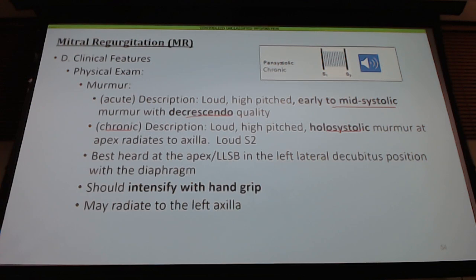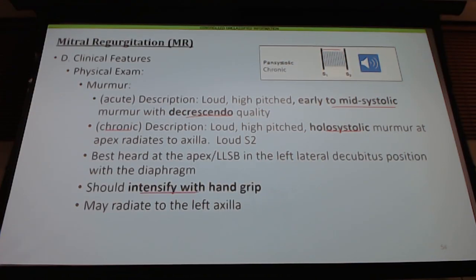But if you immediately have regurgitation occurring because that valve is not closing and sealing, you're going to have that turbulent flow going in the opposite direction for the full duration of systole. So you're going to have that whole holosystolic pattern.